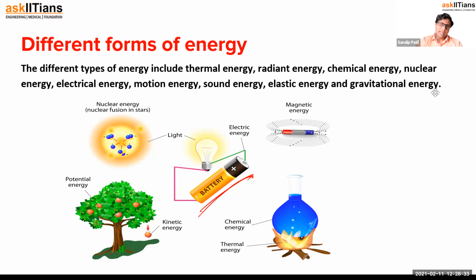Okay. Then thermal energy we already know. When you burn anything, it could be wood or it could be coal, that gives us thermal energy. Then chemical energy. Chemical energy is also one of the important energies, right? So what is actually happening in this battery? The battery has some chemicals inside it, and that chemical energy is getting converted into electrical energy, right?